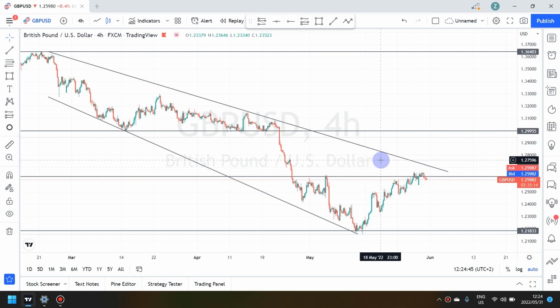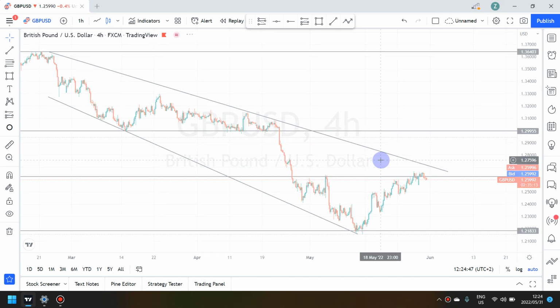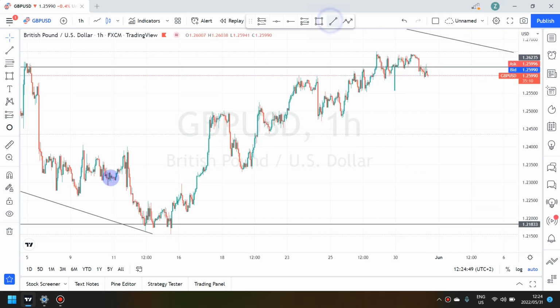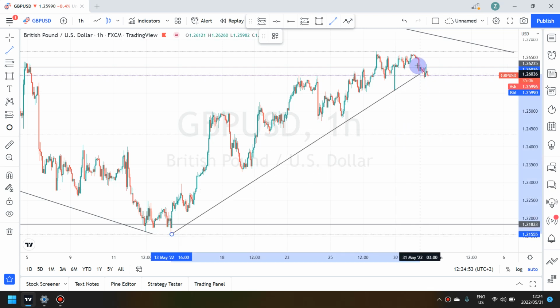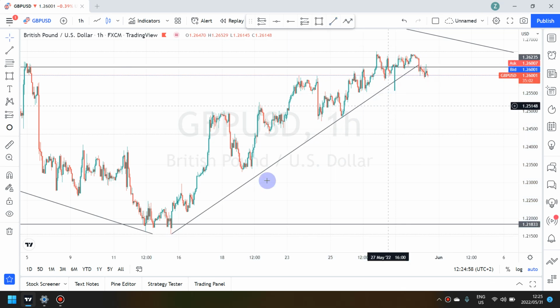So if I move to the lower time frame, which is the hourly time frame, one thing that I see is that the market was in this bullish structure.